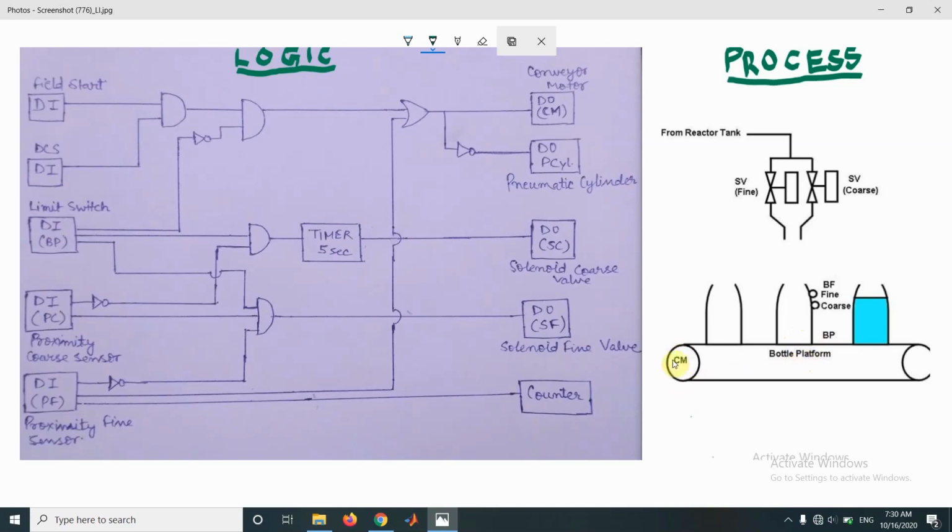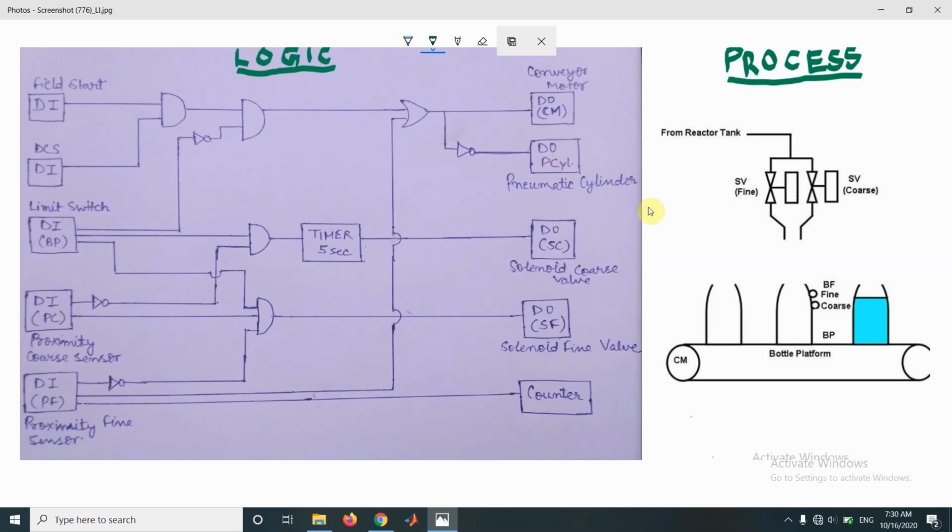First, the conveyor motor stops, and the other thing is that there is a pneumatic cylinder which raises the bottle platform before it starts to be filled from the solenoid valve. So this is the limit switch, and this is the conveyor motor and the pneumatic cylinder used to raise the bottle platform.